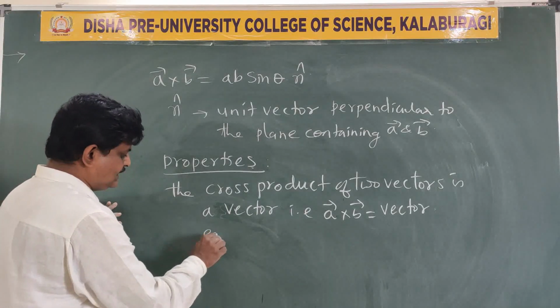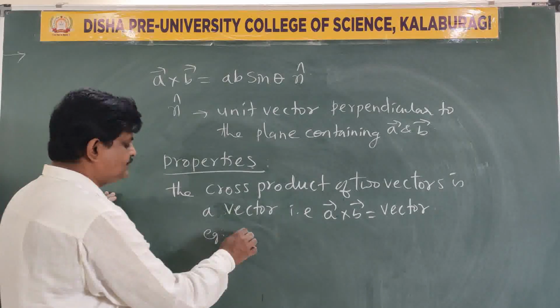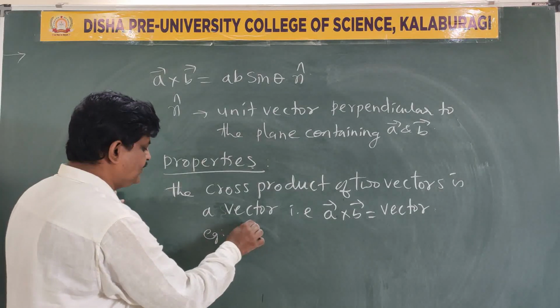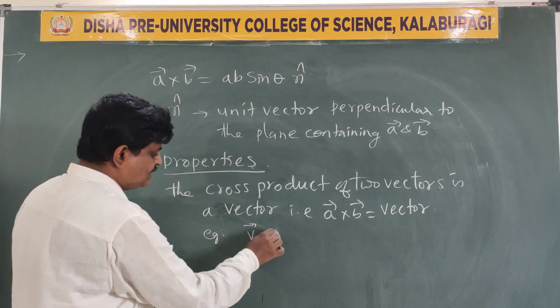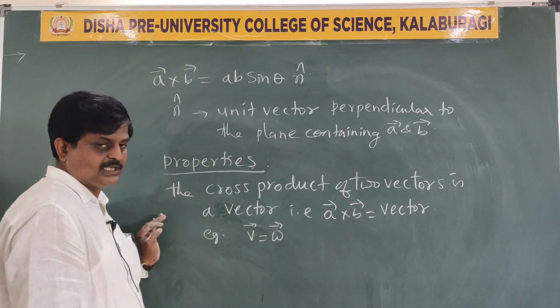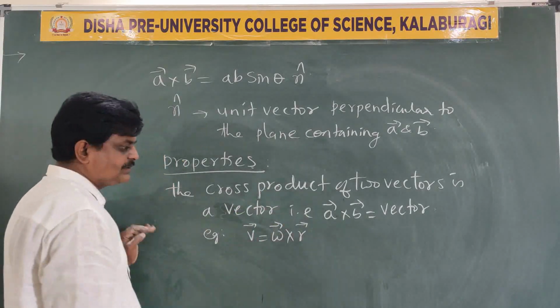A vector. Let us illustrate this idea with a simple example. Have you studied linear velocity, which is defined as the cross product of angular velocity and a position vector?